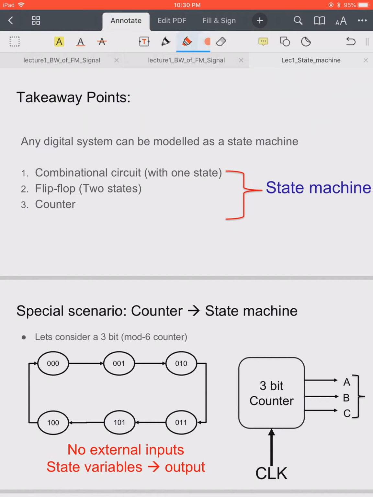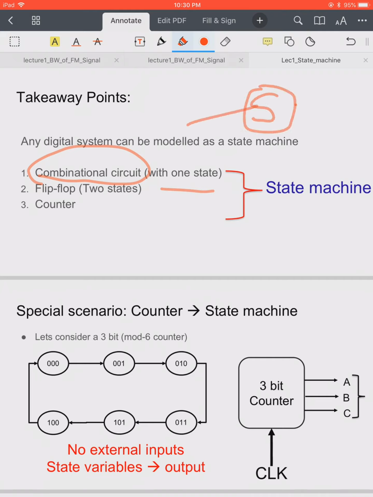Because a combinational system can be treated as a state machine with only one state. If you have a set of inputs, it will produce a set of outputs that you define. It will not change its state, there is no triggering, so it is completely defined by its inputs and outputs, but it has only one state.